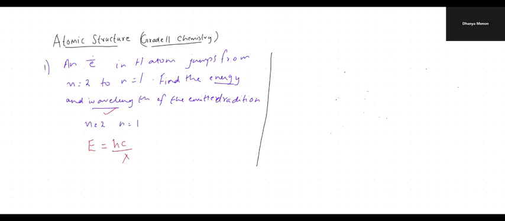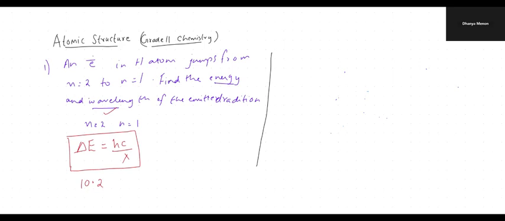The energy expression is given by hc by lambda, where c is the velocity, lambda is the wavelength, h is the Planck's constant, and E, that means delta E, is the difference in energy of the two energy levels. Now over here we already know the value of delta E, which is equal to 10.2.